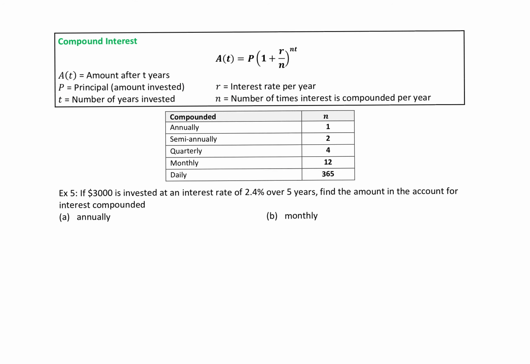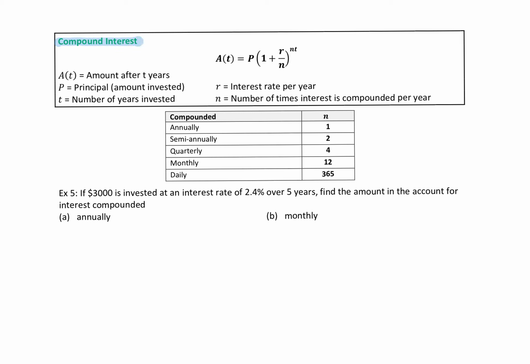The last thing we're going to touch on in this section is an application that you may be familiar with, and that's computing the amount in an account. So the interest that you earn, that formula is actually an exponential equation. We'll start out with what we call compound interest.